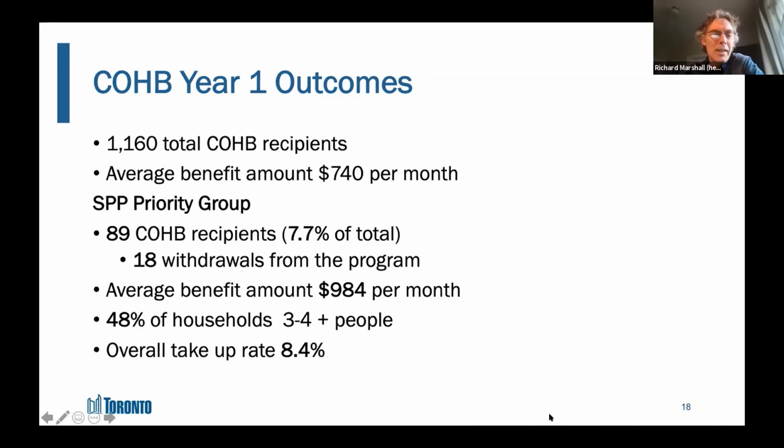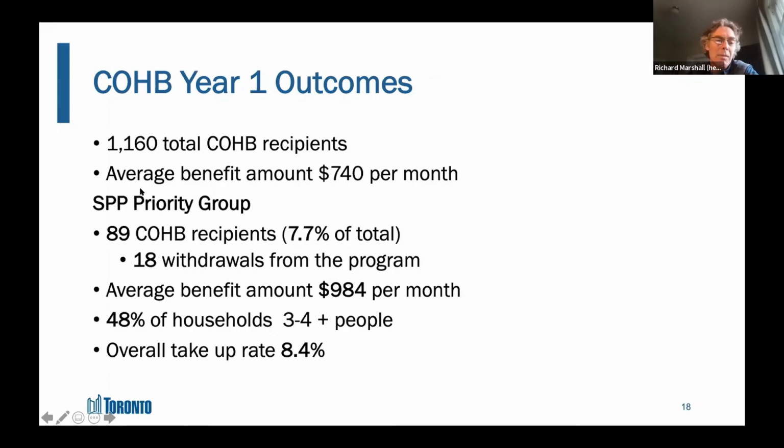I note too that we did have 18 SPP households withdraw from the program. And typically that's because sometime during the process or at the same time, they perhaps received an RGI offer, and then because you can't be receiving both benefits, they perhaps made the decision to go with the RGI offer instead of COB.